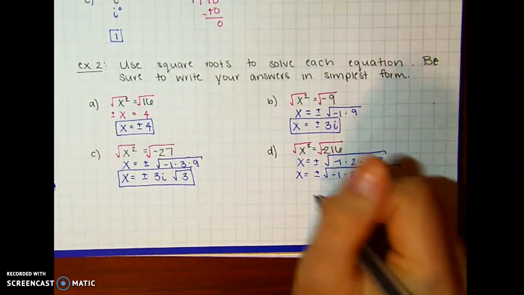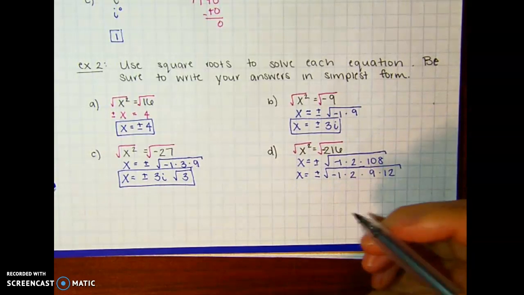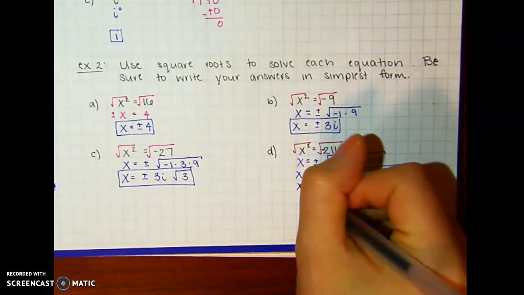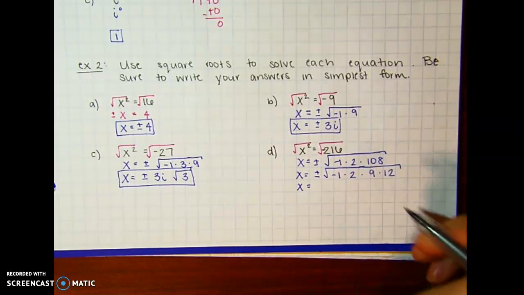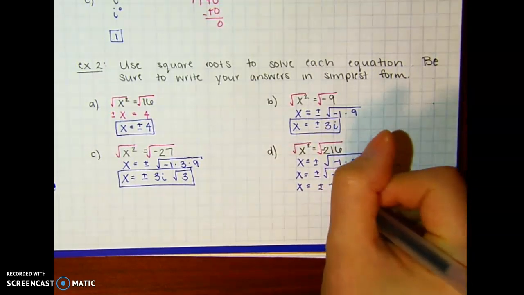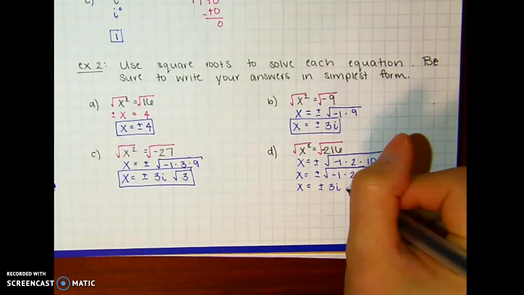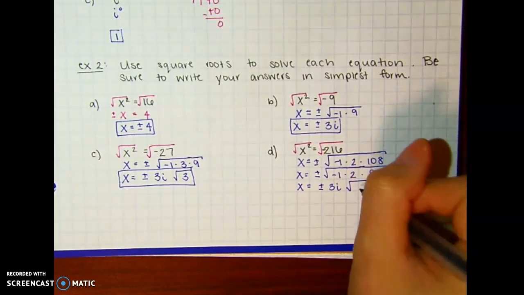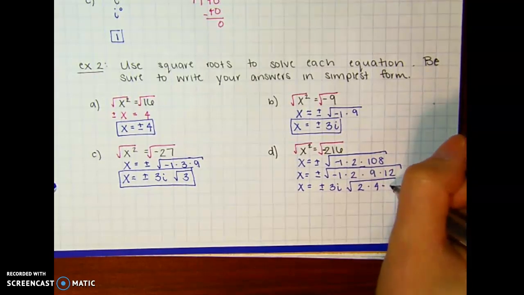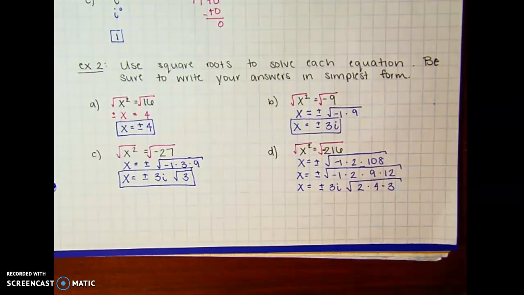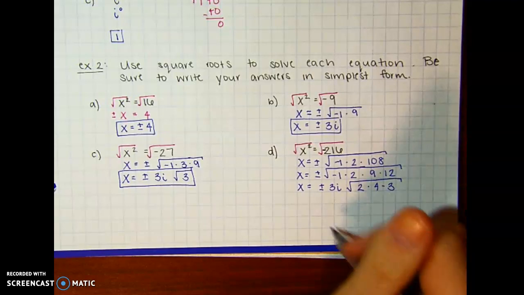At this point, you could start taking out some perfect squares. So the square root of 9 is 3, and we have an i, so currently we have plus or minus 3i on the outside. But this isn't completely simplified. 12 is the same thing as 4 times 3, and that's another perfect square. The square root of 4 is 2.